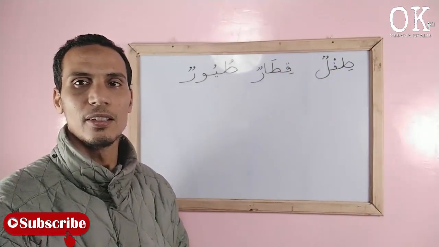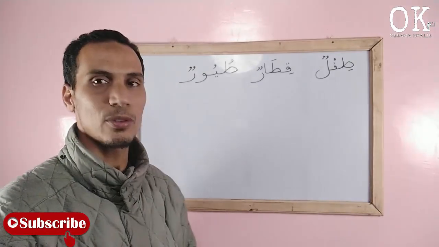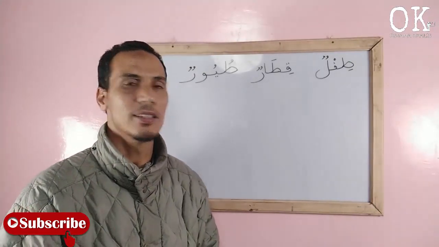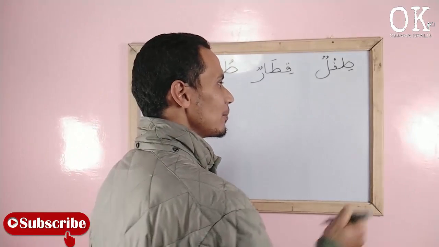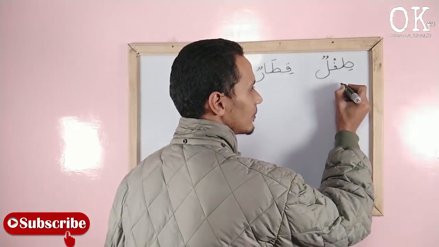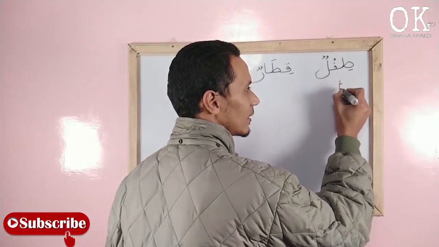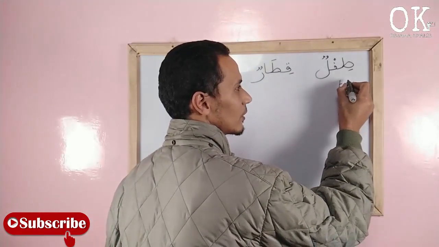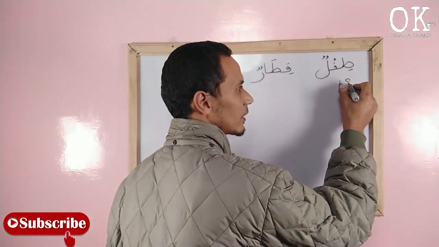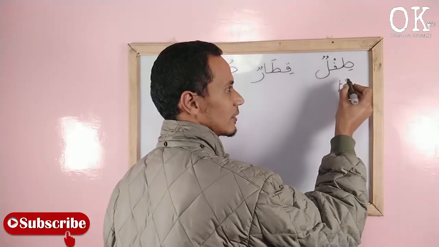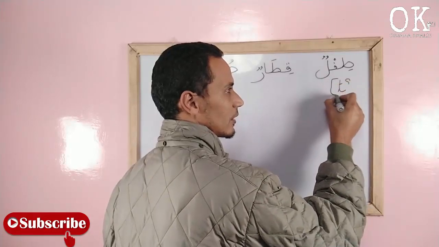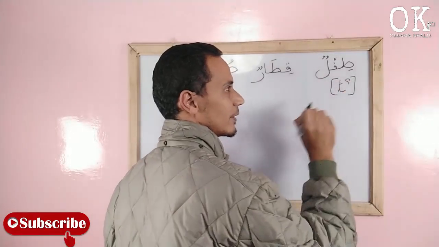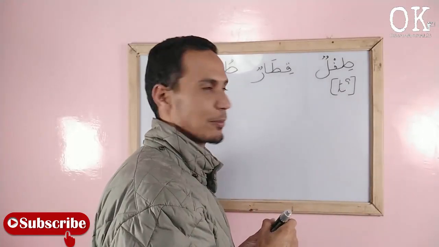It's not t, it's t. In IPA, you write it like this. But here we have a question mark that is in Arabic. Oh, this is T in IPA.